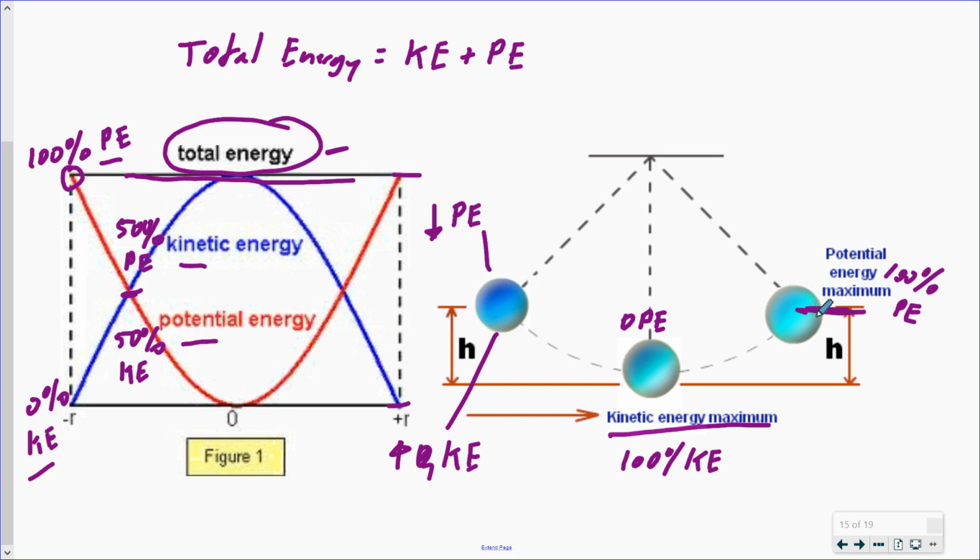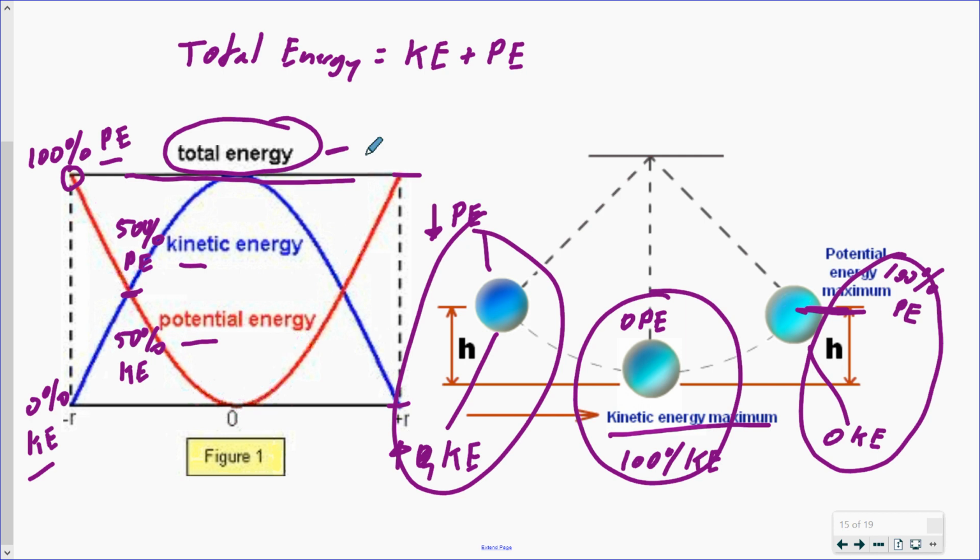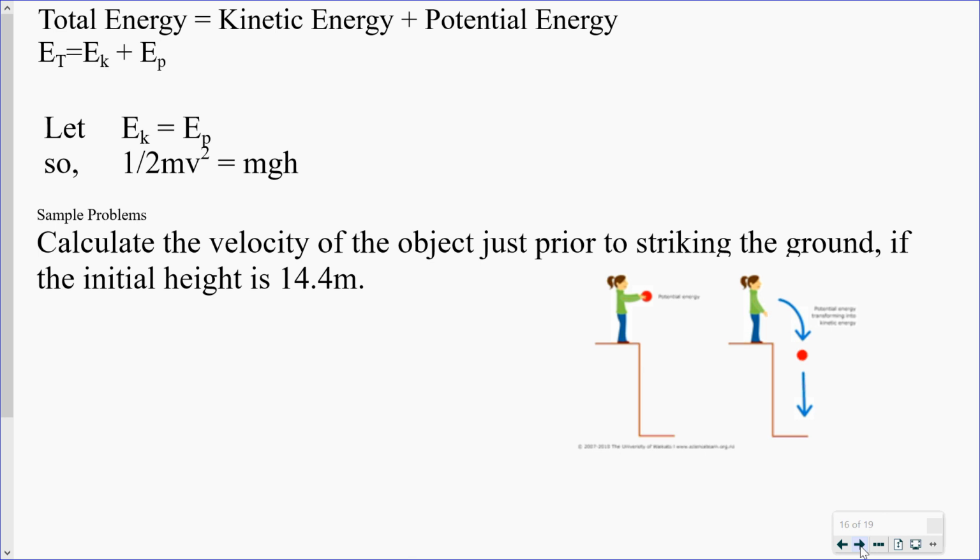And when it reaches the top, it stops for an instant. And then right here, we have 0 kinetic energy. But at any time, these two have to add up to 100, because the total energy cannot change. Energy cannot be created or destroyed, only transferred from one form to another.